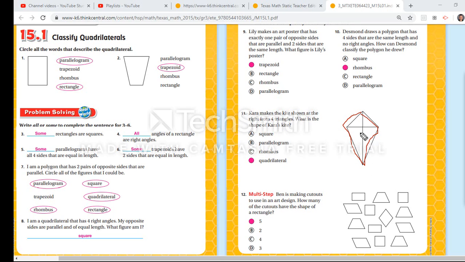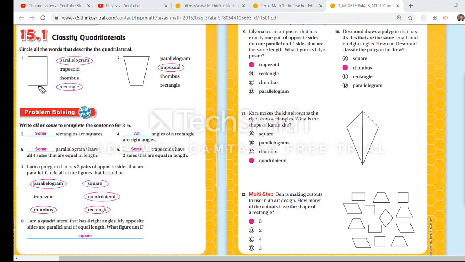Avoid looking at the inside. A lot of times we look at the inside and we start getting, well, this is one shape, this is one shape, this is one shape. Oh no, no, no, no. Let's just look at the perimeter and walk it through. What is the shape of Kara's kite? Well, it's not a square, because if it were a square, it would have four right angles. It's not a parallelogram, because what do we know about a parallelogram?